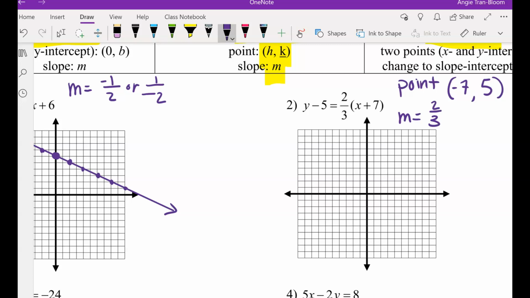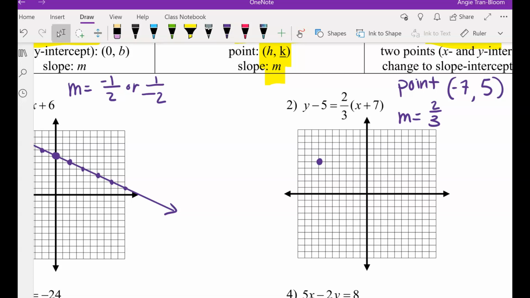Go and plot your -7, 5. How do I plot -7, 5? What direction am I going? To the left 7 and up 5. So 1, 2, 3, 4, 5, 6, 7, and then up 5. From there, can I start going rise over run? Yep.